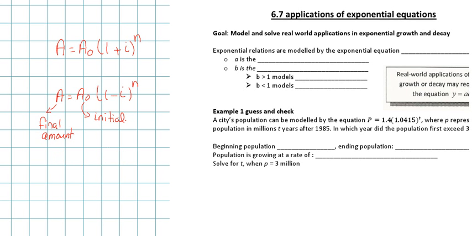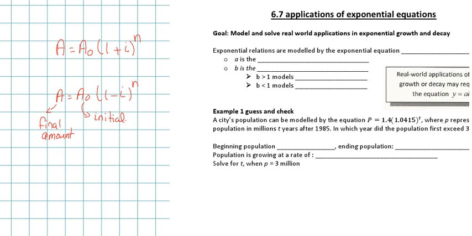So let's say I put $1,000 in the bank, and I'm earning a percentage on that money. Am I gaining money or am I losing money? I'm gaining that percentage, right? So because I'm gaining that percentage, I use this formula because it's 1 plus the interest rate.